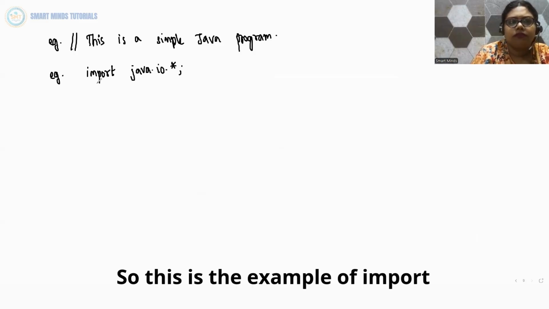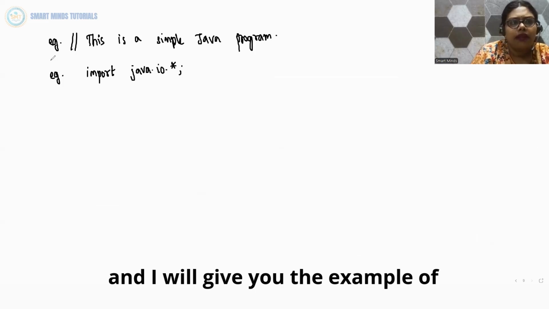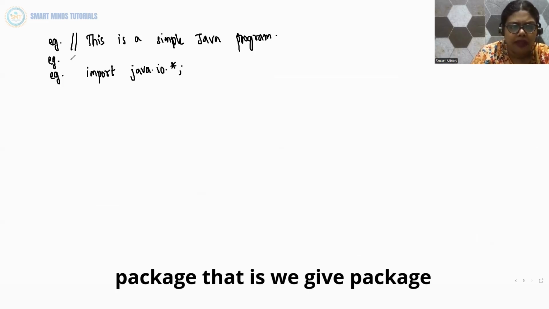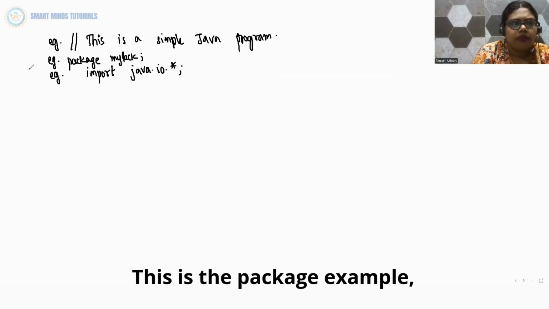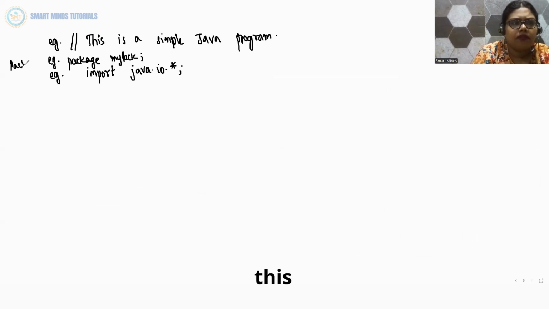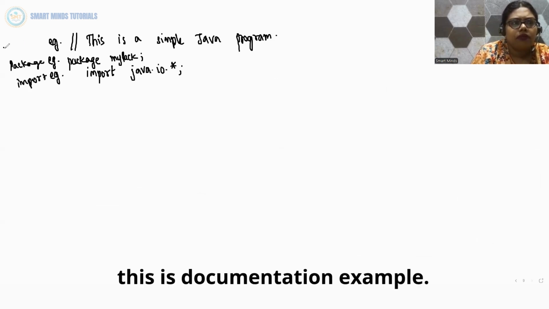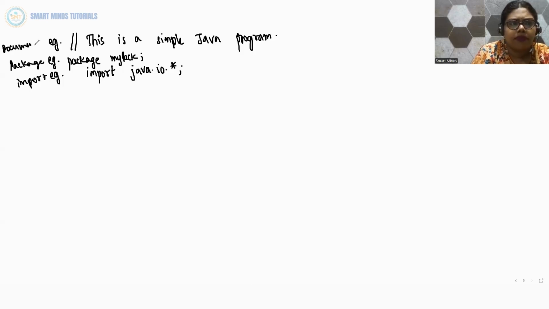So this is the example of import, and I will give you the example of package. That is, we give package mypack. This is the package example. This is the import example. This is the documentation example.